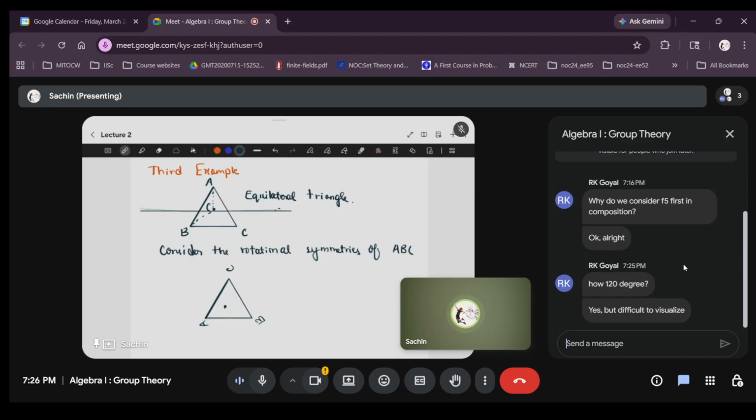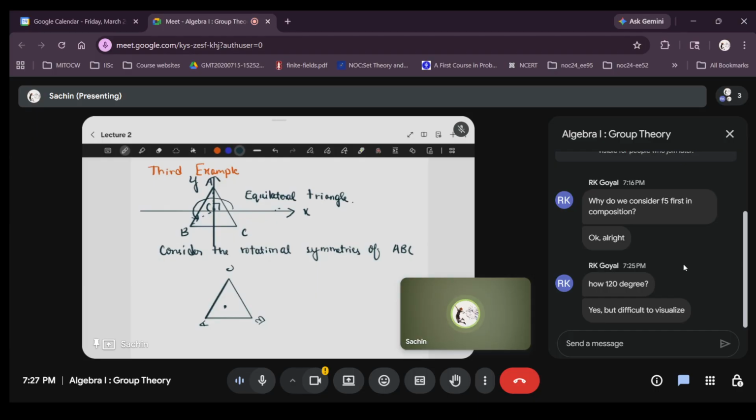What is rotation? There's an x-axis, there's a y-axis like this. Now A is at a 90-degree angle, right? So if you had a ray like this, then you rotated it by 90 degrees to get A. This angle was 90 degrees. Then you rotated the triangle around the origin. And the new angle is 90 degrees plus 120 degrees.